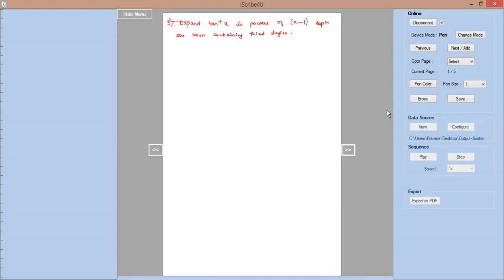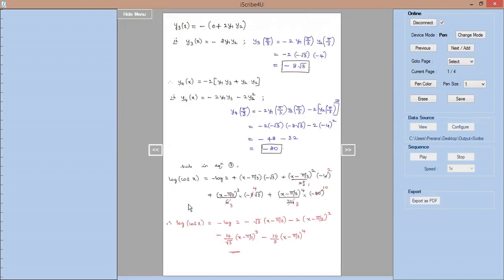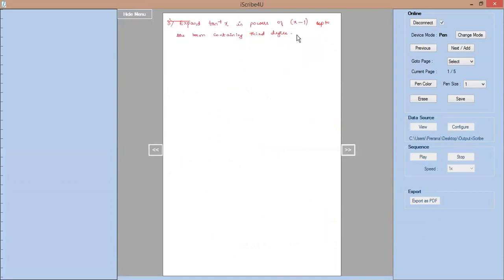So we have to expand the function tan inverse x in powers of x minus 1. So when they give it to you as in powers of x minus 1, you have to obtain the answers at last in the powers of that. That is x minus 1 whole power 1, x minus 1 whole square, x minus 1 whole cube, etc. terms you should have. So in order to have x minus 1 powers, your point A is equal to 1.